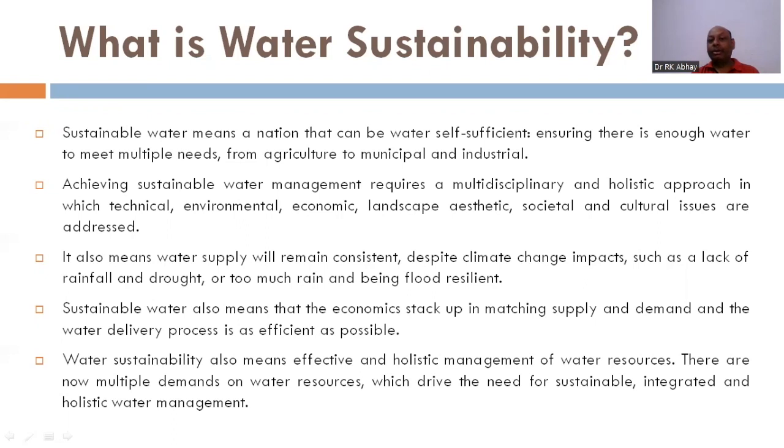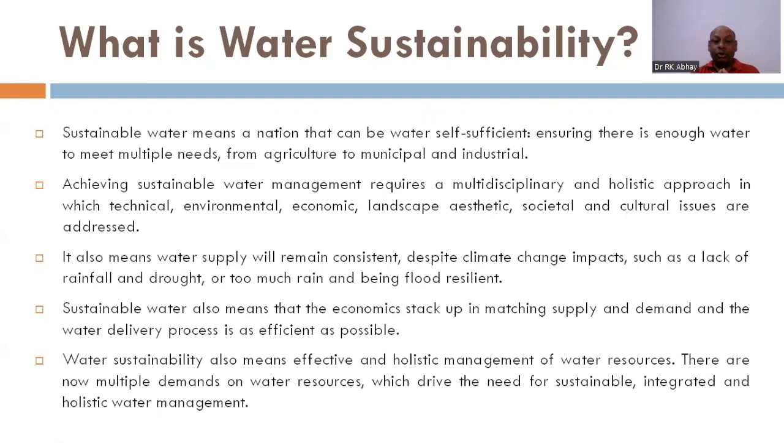It's a multidisciplinary and holistic approach in which technical, environmental, economic, landscape, aesthetic, societal, and cultural issues are addressed, isn't it? So these are very important dimensions of water sustainability.